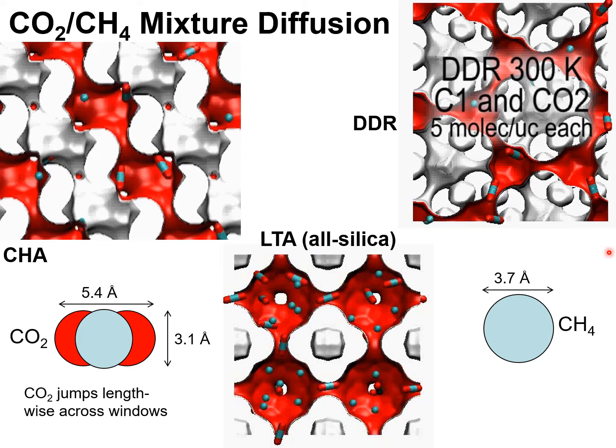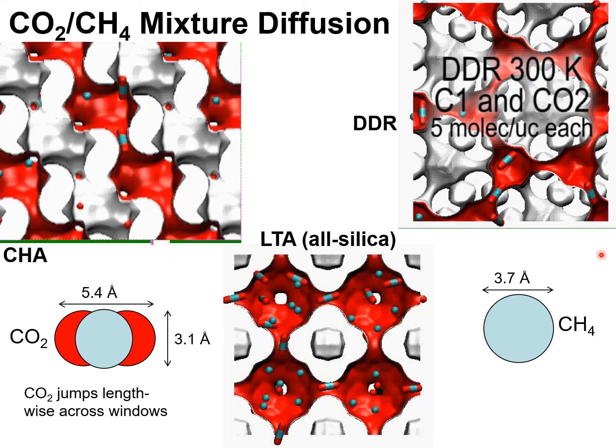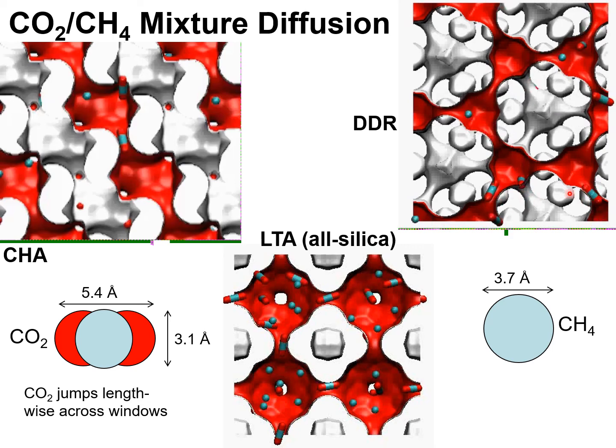Let's first have a look at the animations for chabazite. The CO2 molecule is attempting to enter this cage, but is hovering around the window site. This is for DDR. You can see the preferential perching of CO2 at the window regions.